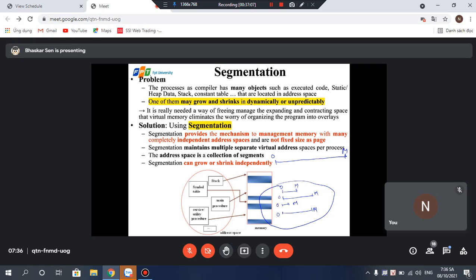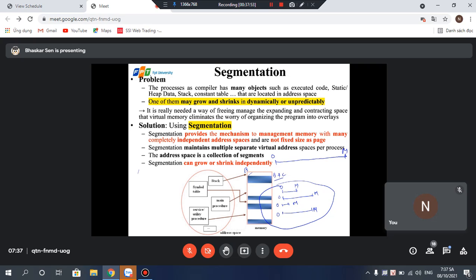That was all happening because everything was in one single linear address space. Now that we have split it up, as you see on the picture, we can put them into different parts. Each of them will have their own base value and limit value, which is B plus L.